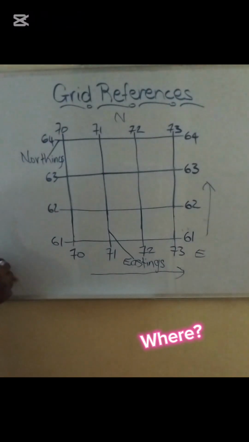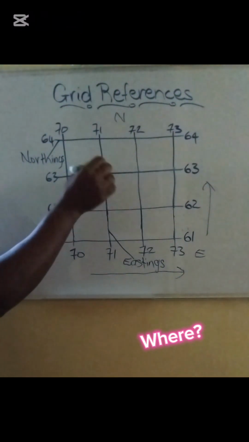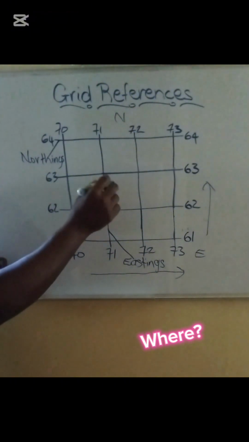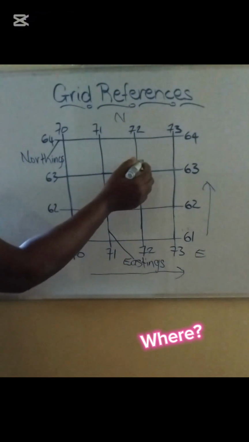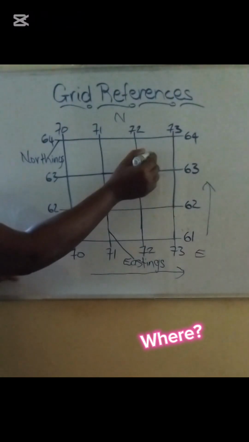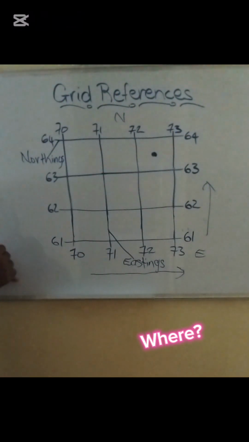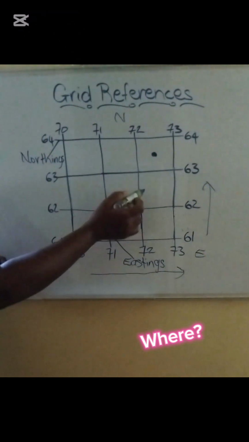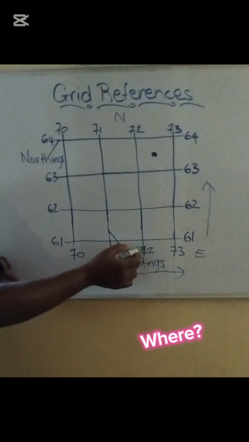Okay, so let's look at giving a 4-figure grid reference. If this was a village and there was a farm here, say a farm right here, right in the center there, what would be the 4-figure grid reference? Now that is easy because in actually naming the grids, we have actually done that. Okay, so if we look at the eastings first, we notice that it is between 72 and 73.